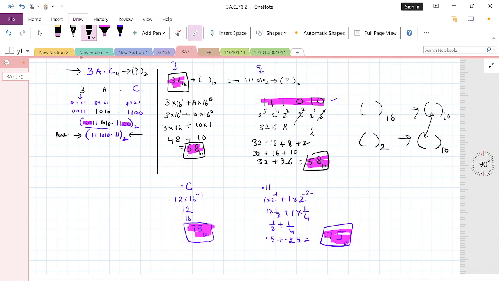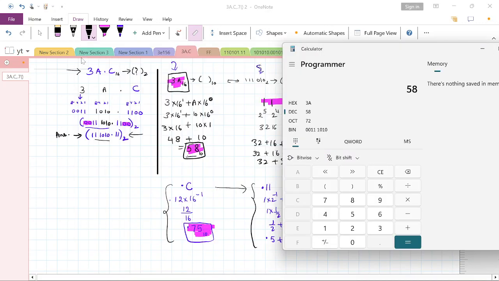So 3a converted into decimal is 58, and its binary equivalent that we got was 111010, and we are also getting 58. Then because we have a fraction part, we will perform a separate calculation for that. We get 0.75 for dot c, and dot c is equivalent to dot 11 in binary, and its answer is the same. So the decimal quantity will remain the same.